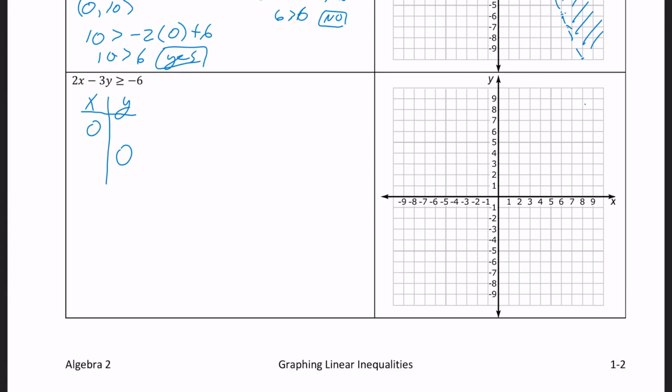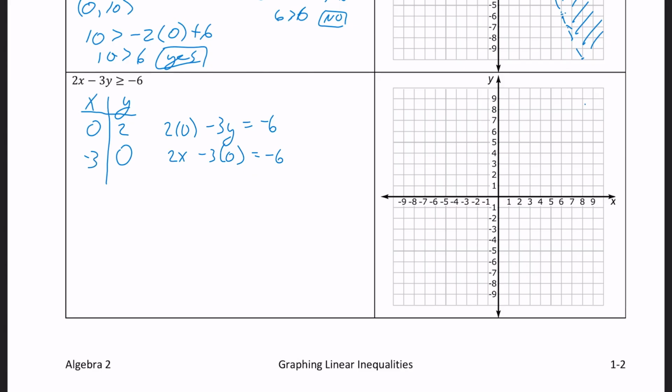So let's see this as being 2 times 0 minus 3y is equal to negative 6. And if we divide both sides by the negative 3, we'd get a y value of 2. Now, let's try a y value of 0. So 2x minus 3 times the y value of 0 equals negative 6. Let's divide both sides by 2, and we get a negative 3.